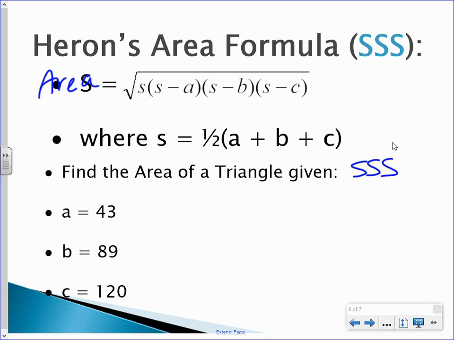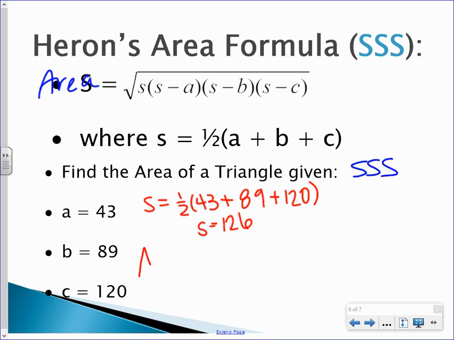So the first thing we need to find is little s. Little s is half of the sum of the three sides. Which is what? 126?